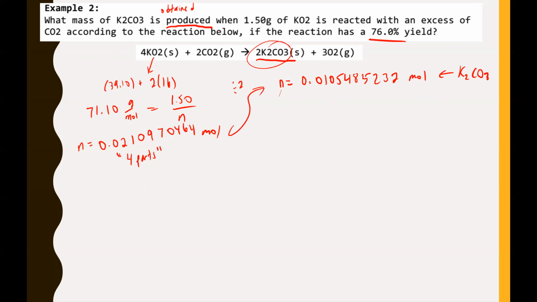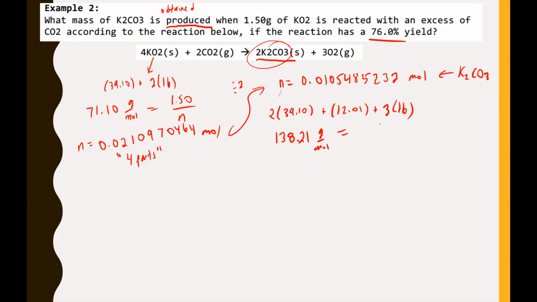The molar mass of K2CO3, well, let's do this. It's going to be 2 times the molar mass of potassium, so 2 times 39.10, plus 1 carbon, which is 12.01, plus 3 oxygens, which is 3 times 16. That's going to equal a grand total of 138.21 grams per mole.